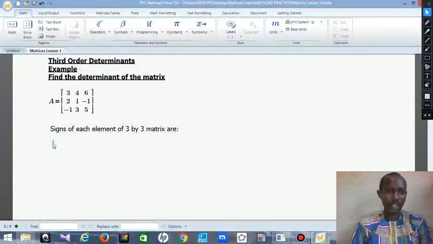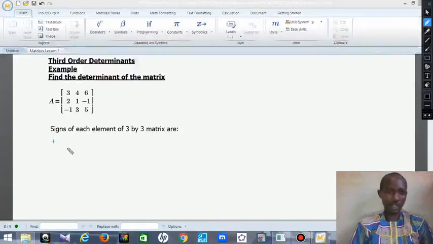So how do you get this sign? Let me draw my straight line so that you get what we are saying. If I have this straight line like this, remember there are 3 by 3 matrix.